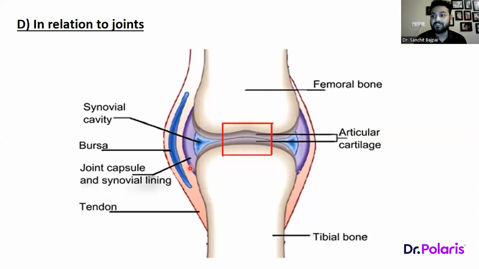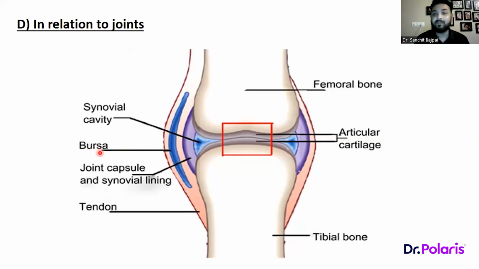The fibrous capsule outside, membrane inside. This synovial membrane releases a very important fluid in this synovial cavity, which you see blue in color. This is called as synovial fluid, right? And then this synovial fluid also forms important bag-like structures. So bags of synovial fluid on the sides of the joint is called as bursa.